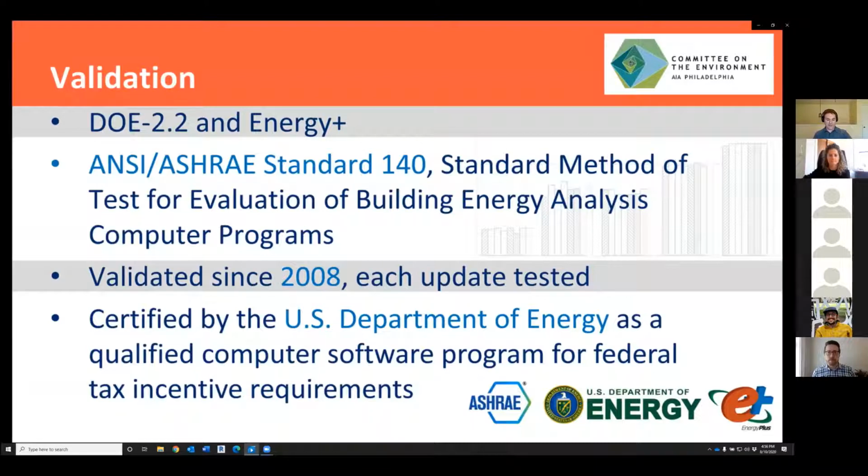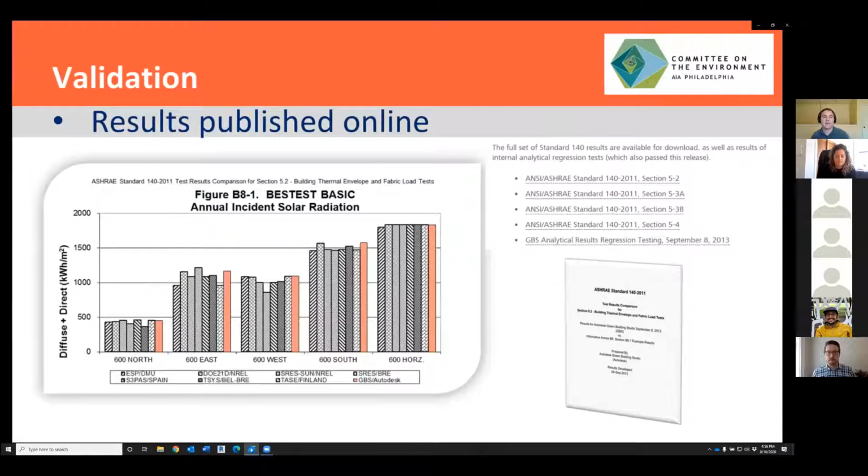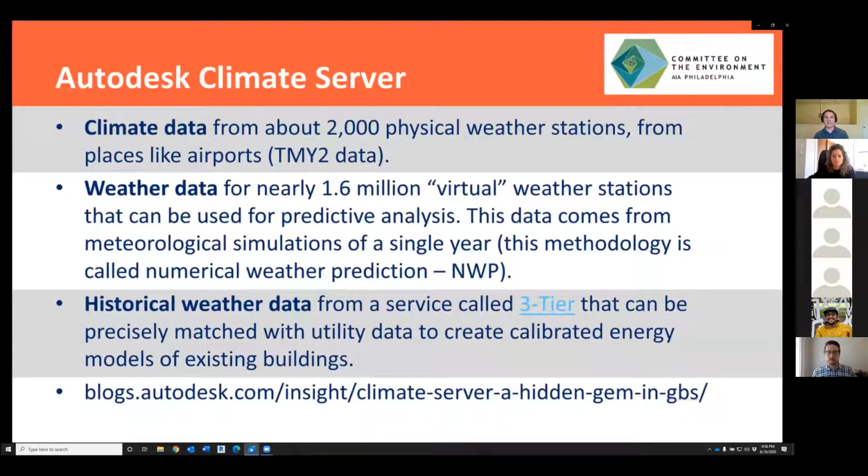It also can use Energy Plus, and its current new feature in 2020 and 2021, analytical systems, uses Energy Plus, and I understand it'll all just use Energy Plus in the future. It's been validated against the ASHRAE 140 standard, which is mentioned in ASHRAE 90.1 Appendix G. That standard is, or the results from that ASHRAE 140 validation are published online per the requirements of that standard.